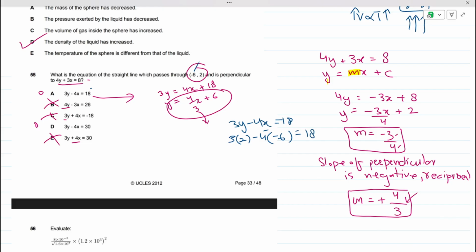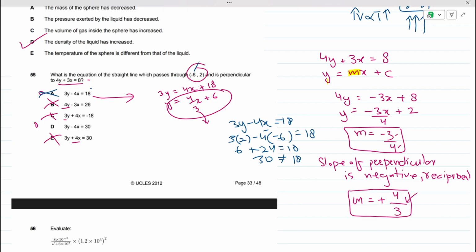Let's see if it equals 18. 3 twos are 6, minus minus plus, 4 sixes are 24, and 24 plus 6 is 30. 30 is not equal to 18. So this A option cannot be a right answer. Now A option is eliminated.